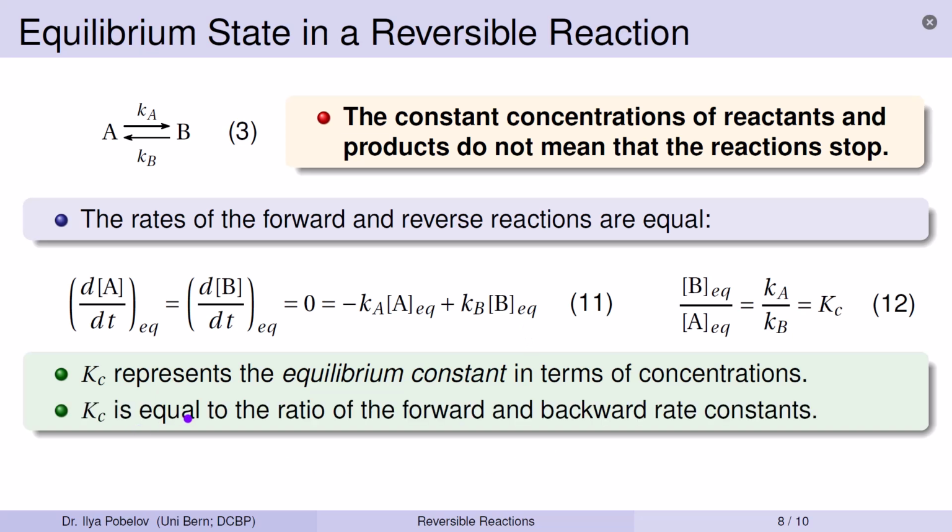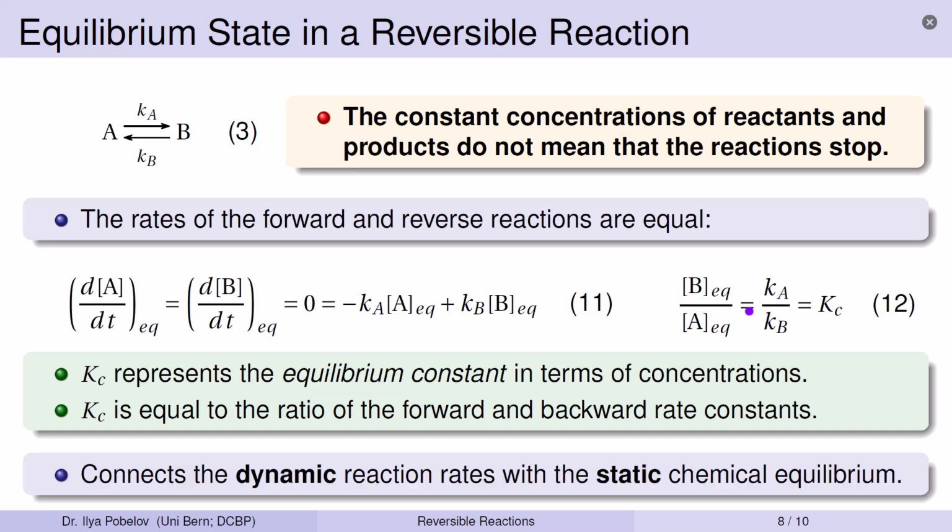It shows that the equilibrium constant Kc is equal to the ratio of the forward and backward rate constants. The larger the forward rate constant compared to the reverse one, the more the equilibrium is shifted towards the products. This equation elegantly connects dynamic reaction rates with the static chemical equilibrium.